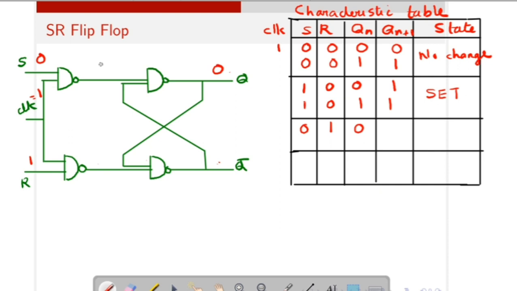Here one of the inputs is equal to 0, output 1, here 1 1, output is 0. Here one of the inputs is 0, and here it is 0, so Qn bar is 1. Here one of the inputs is 0, output is equal to 1. Then here it is 1 1 0, so next state is 0.